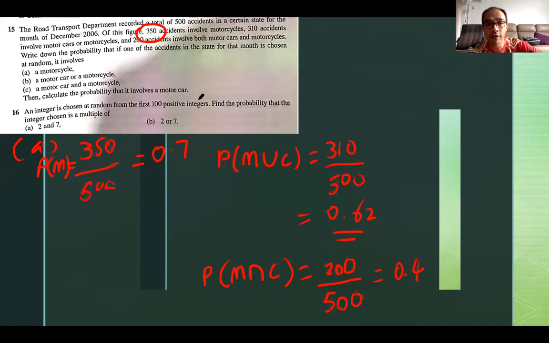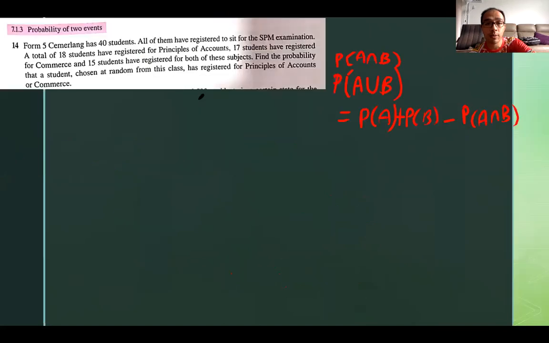Now, if you take a look at the formula that I gave just now, the formula states that the probability of event A or B is event A plus event B minus event A and B. So if I change this to motorcycle and car, the probability of motorcycle or car equals the probability of motorcycle plus the probability of car minus the probability of motorcycle and car.